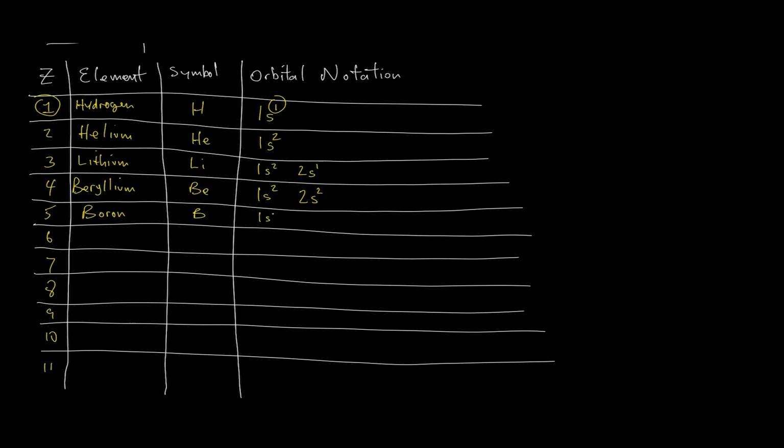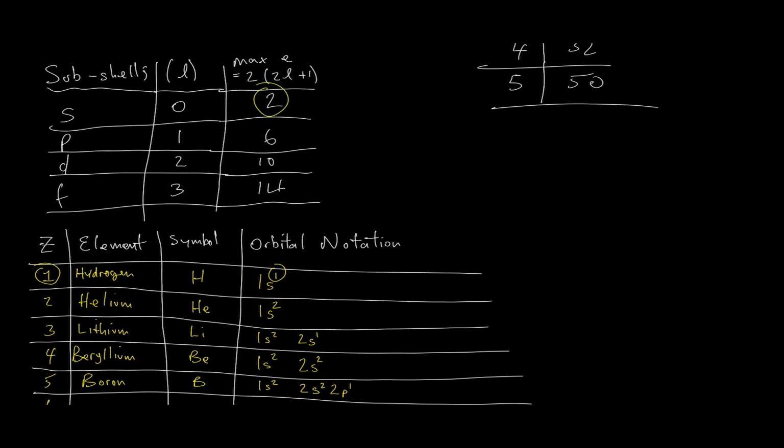This one is 1s squared, 2s squared. Perhaps you can predict the next one. So it's SPDF. So we're in the second shell. It needs to be p to the 1. Okay, just to remind you, SPDF.